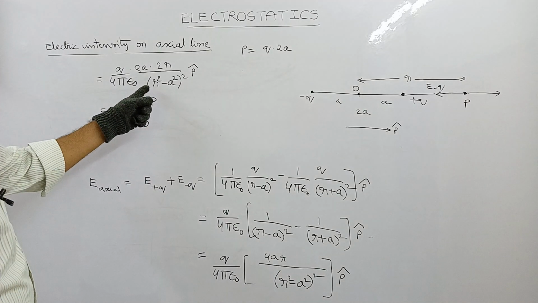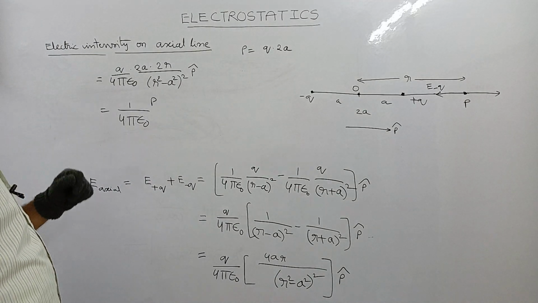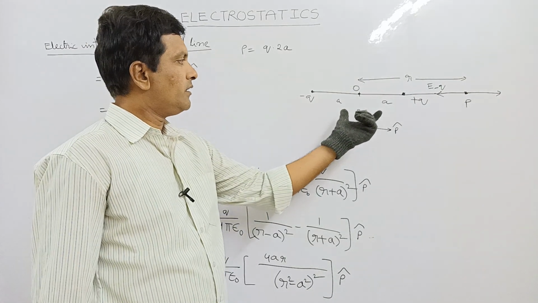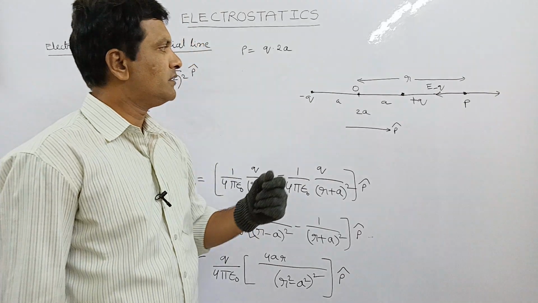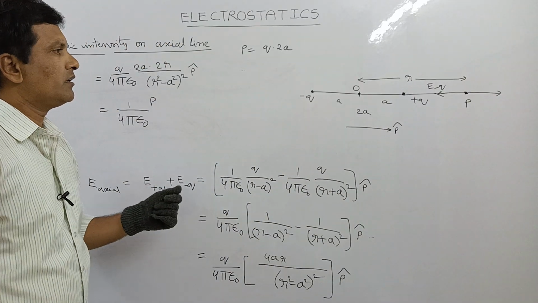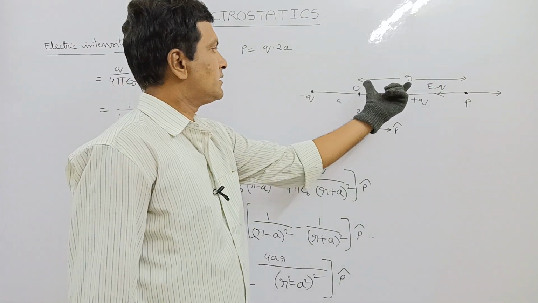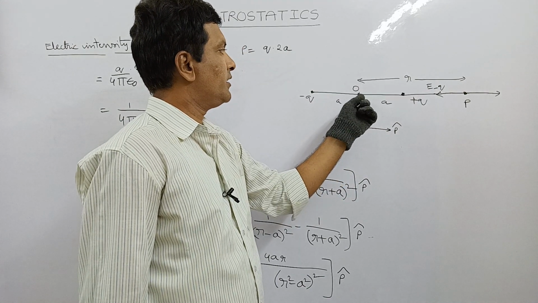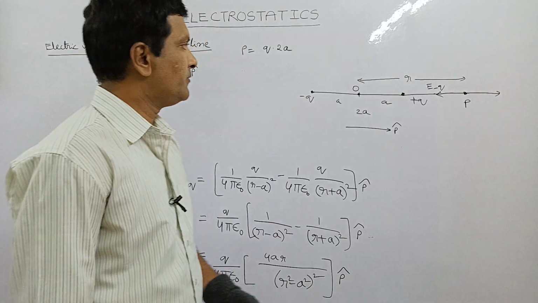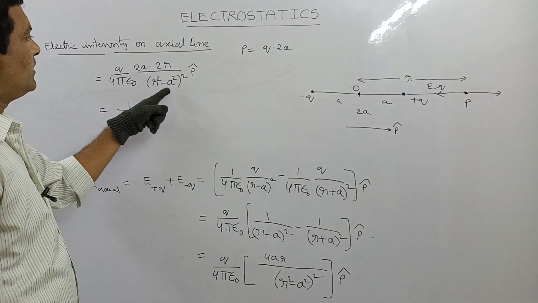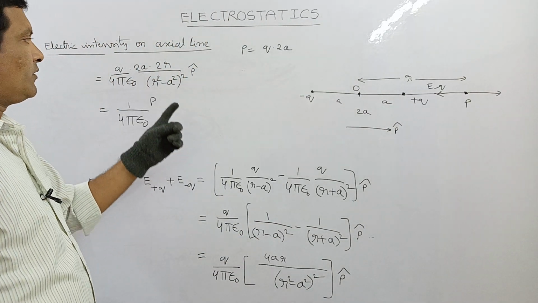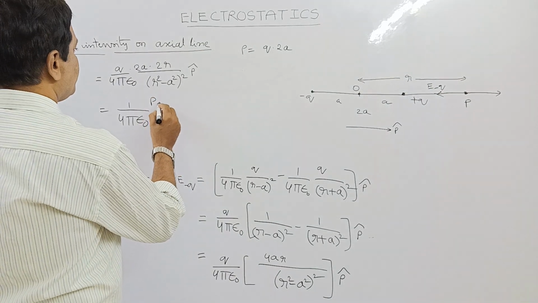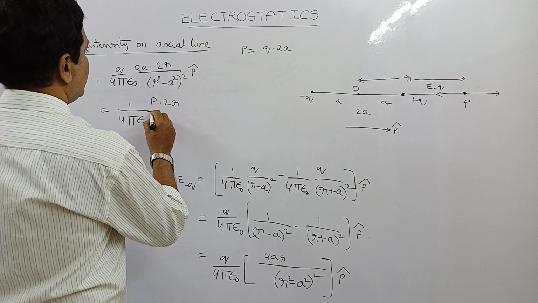See here, r square minus a square. If the distance between the two charges is so small compared to the distance r, the distance from the center of the dipole to the point, that means a is far less than r, then this can be written as r power 4 in the denominator, into 2r.